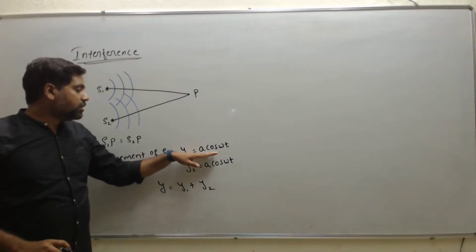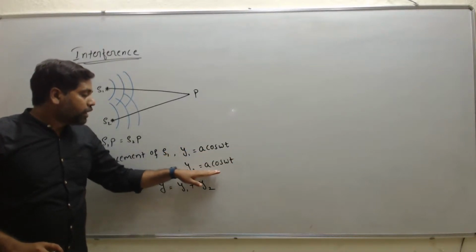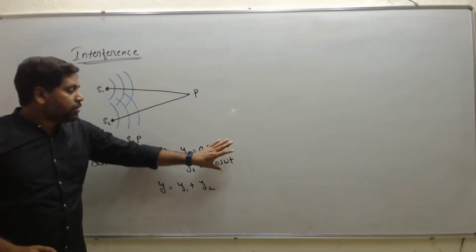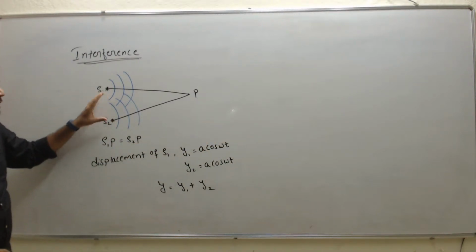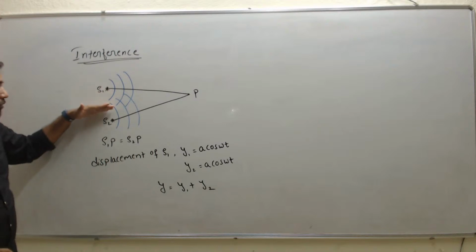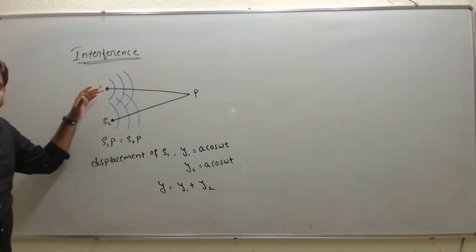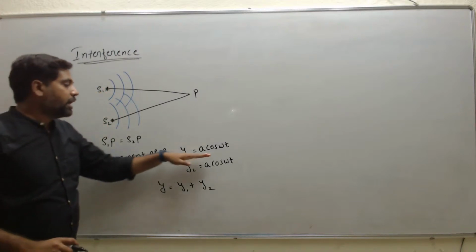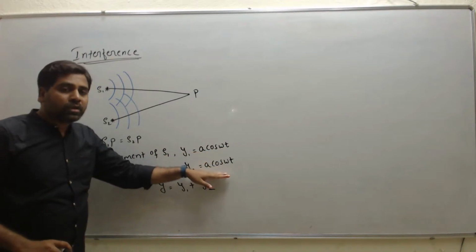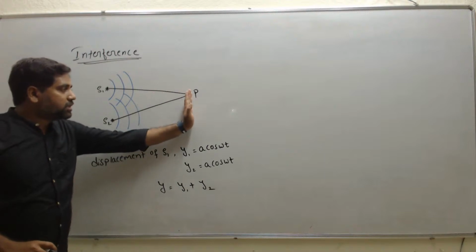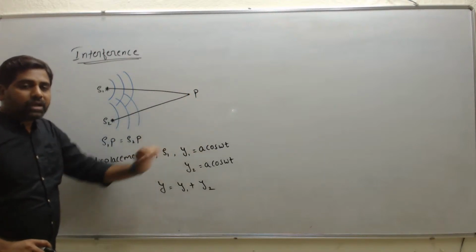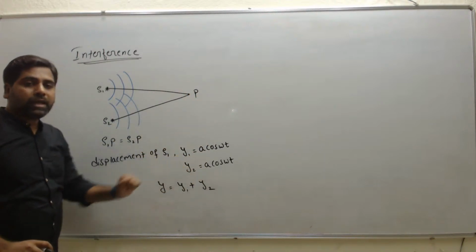We have y1 is equal to a cos omega t, y2 is equal to a cos omega t, because these two are vibrating in phase. Vibrating in phase means S1 and S2 produce the same waves, hence the displacement is also same, and these two waves reach the point P at the same time, so these two are equal.